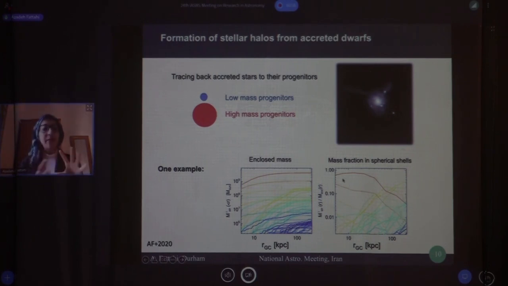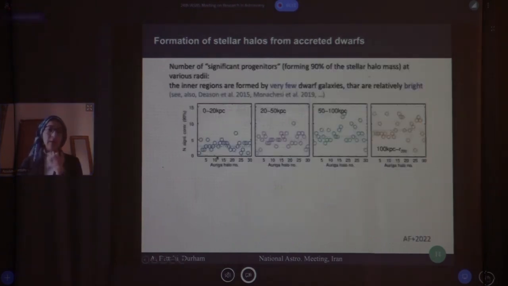The fact that the inner region is dominated by one or two progenitors, we saw in this example. I want to show you how it would look if you look at the ensemble of all these 30 Milky Way halos that we have. Different panels here are different radial bins. You can see in the legend 0 to 20 kpc, 20 to 50, and so on.